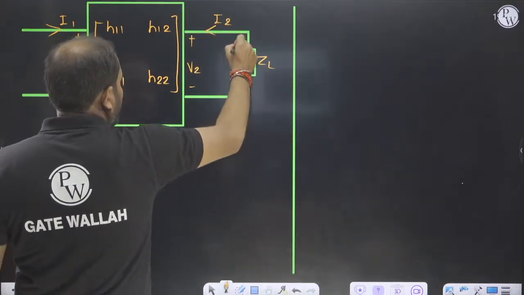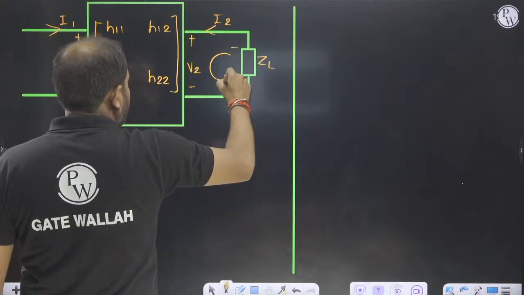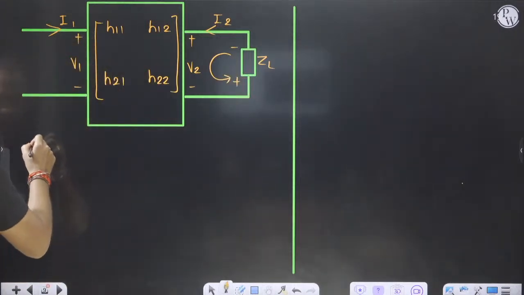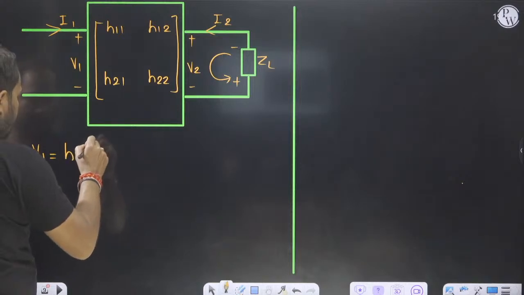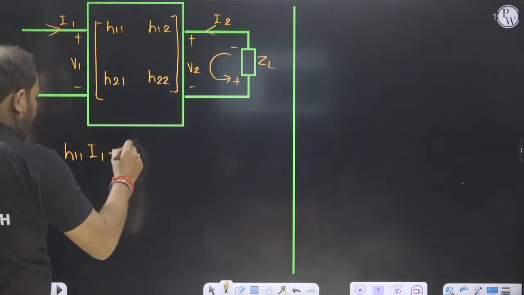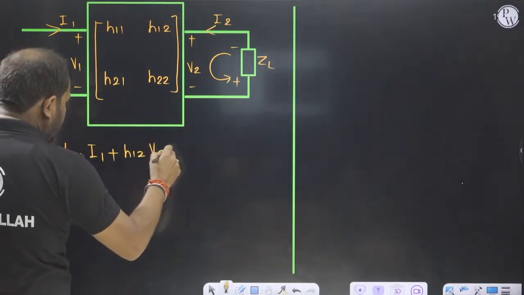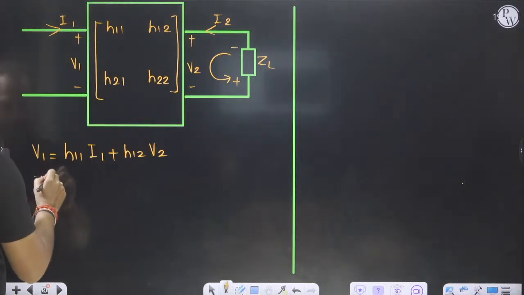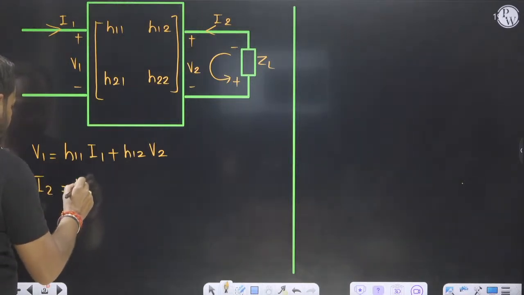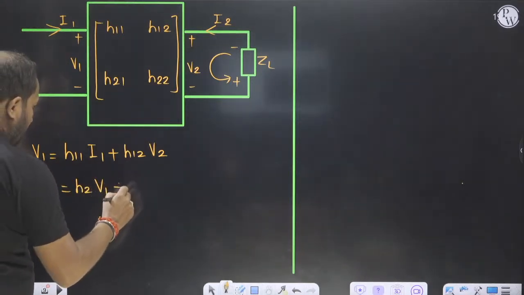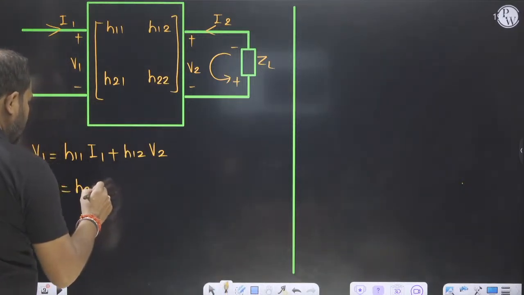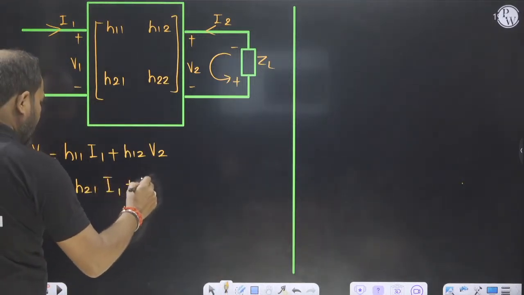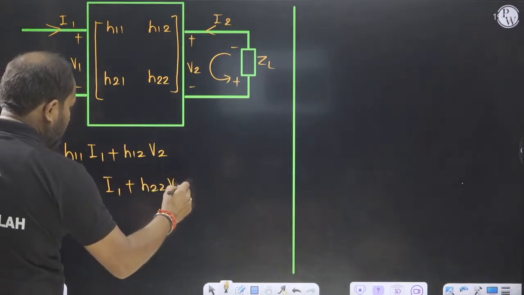If current is flowing like this, the voltage drop will be like this. Then V1 is equal to H11 I1 plus H12 V2, and I2 is equal to H21 I1 plus H22 V2.